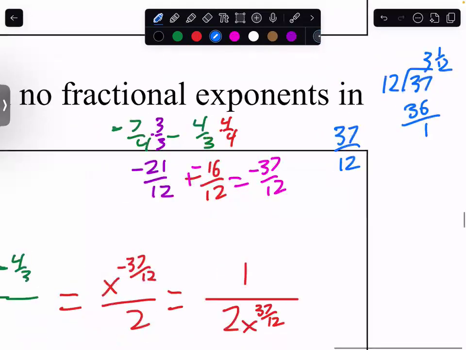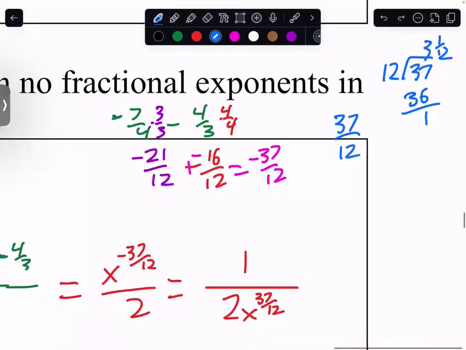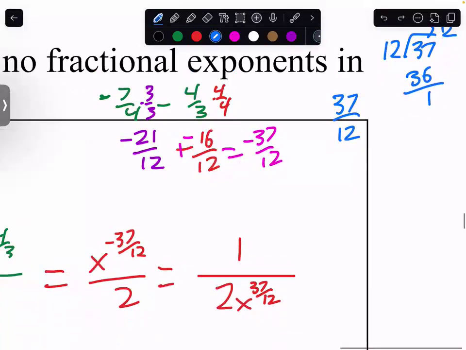So I know that you learned mixed numbers pretty early, and then we kind of went away from it. We said, oh, we like improper fractions more. But in this case, it might be better to go back to the mixed number, right? Because you have 3 whole x's, and then 1/12 of another one.